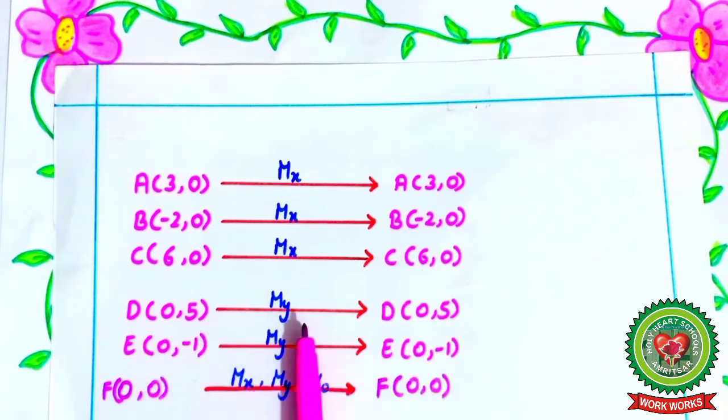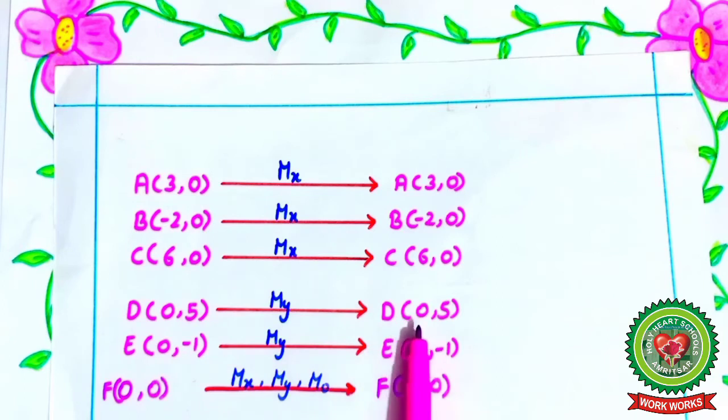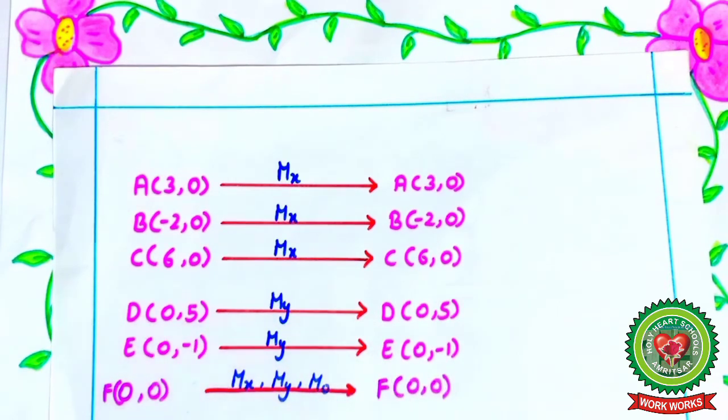Similarly, in the case of the y-axis, here the point is (0, 5). After reflection in the y-axis, the point remains the same, (0, 5). And (0, -1) also stays (0, -1) after reflection in the y-axis. So points are said to be invariant under reflection in the y-axis also, because there is no change after reflection.